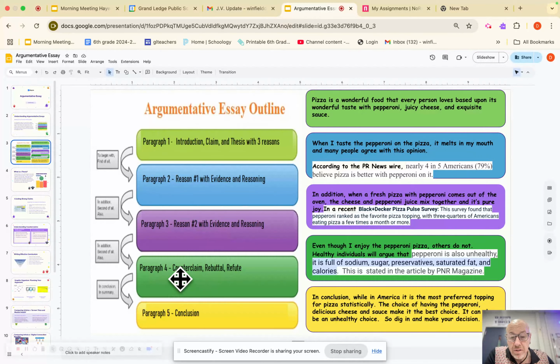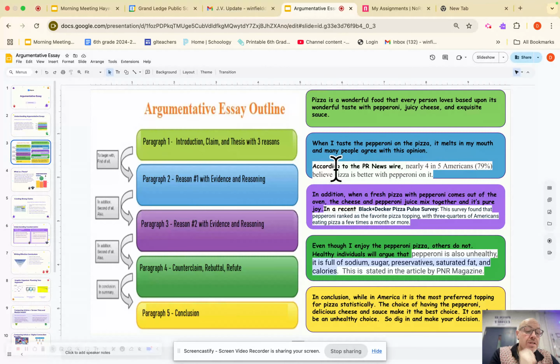And then we have a counterclaim and a claim. Now let me take a little bit deeper dive. Over here in the white is going to be your facts, your facts, your facts, which means that the black up here in each paragraph is going to be your opinion. Now notice how each paragraph has one opinion and one fact or evidence.